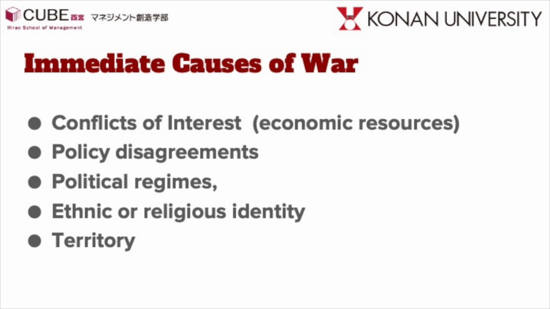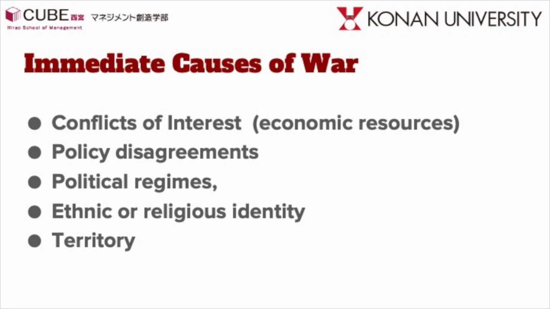So those political regime differences can be the immediate cause of military conflict. Looking at ethnic or religious identity, ethnic tensions can spark international conflicts. NATO's 1999 attack on Serbia was a response to the Serbian government's violence against ethnic Albanians in Kosovo.